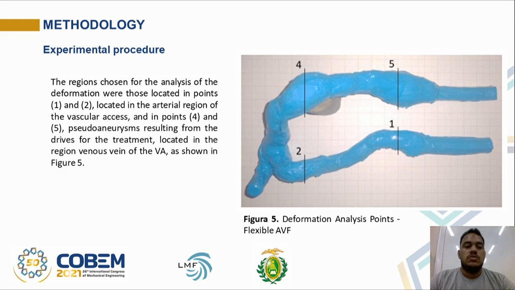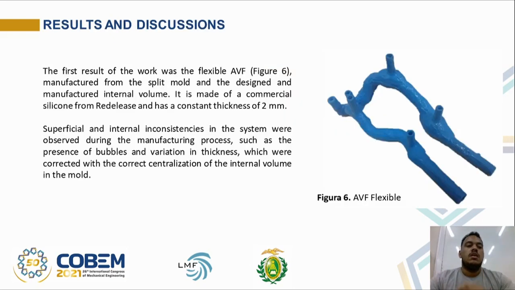The regions chosen for the analysis of the deformation were points 1 and 2, located in the arterial region of the vascular access, and points 4 and 5, pseudoaneurysms resulting from the punctures for the treatment, located in the venous region of the VA.